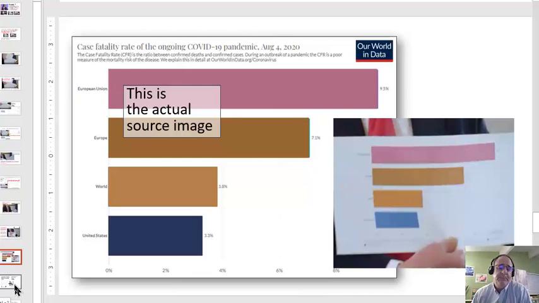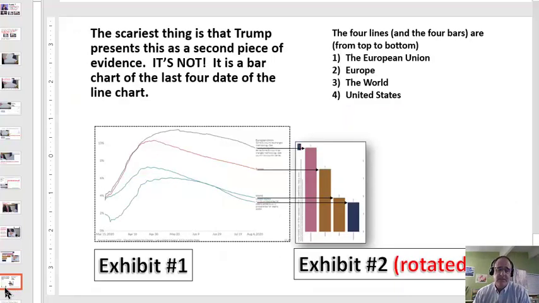But in any case, both of these graphics are downloaded from the same website, and this is me showing you that in fact it's the same data. So Exhibit 1 is that line chart on the left. It's showing you the deaths per case from about mid-March through the end of July into early August. So they can go up or they can go down. It depends how the epidemic plays out.